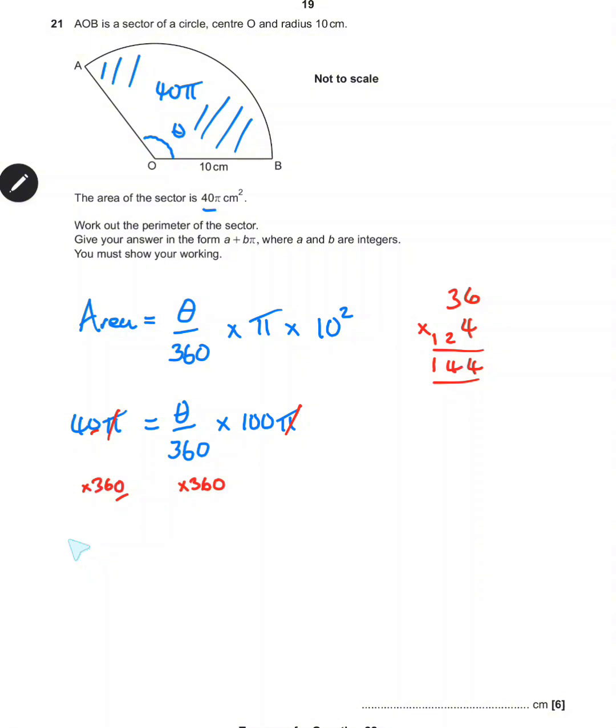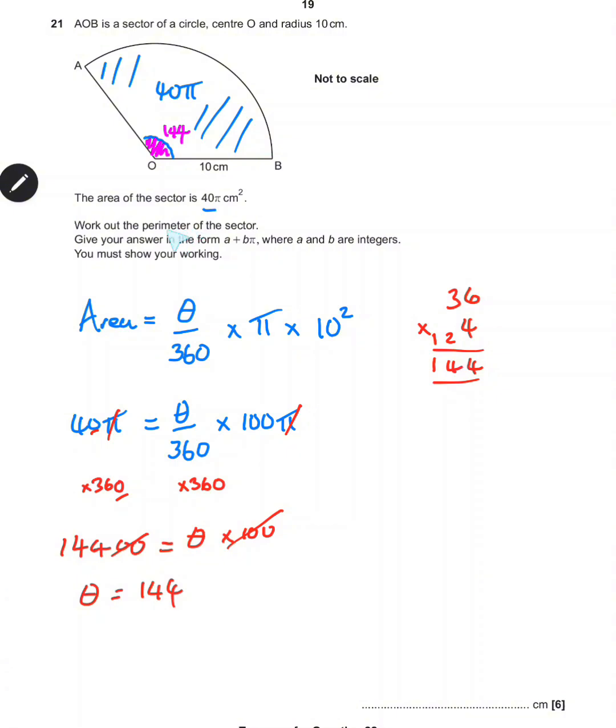So what we get is 1400 equals theta times 100. I then need to divide both sides by 100, so I can just get rid of those 2 zeros and you end up with theta equals 144. Probably a nicer way to do that, but it worked out for us anyway. So we now know this angle here is 144.